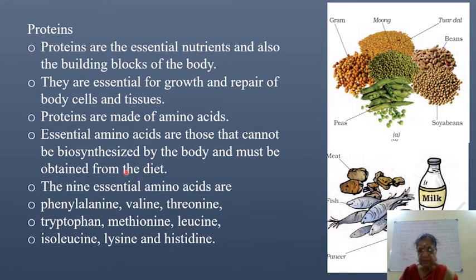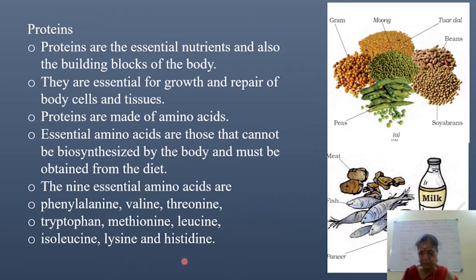Let me tell you about the essential amino acids specially. Right? The 9 essential amino acids are phenylalanine, valine, threonine, tryptophan, methionine, leucine, isoleucine, lysine and histidine.